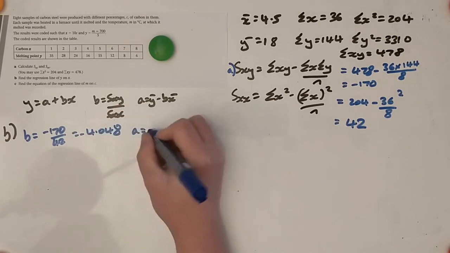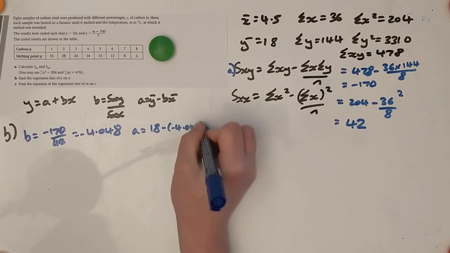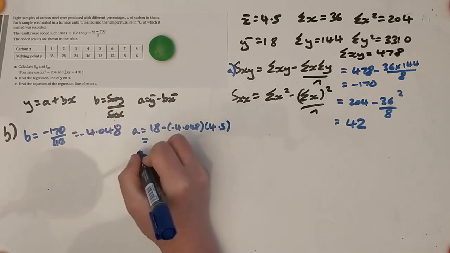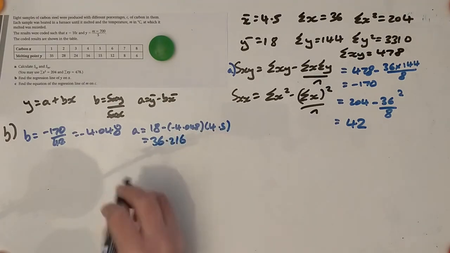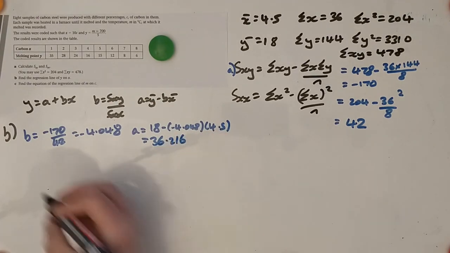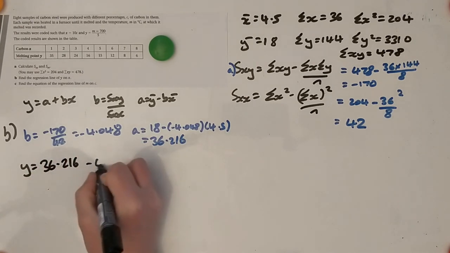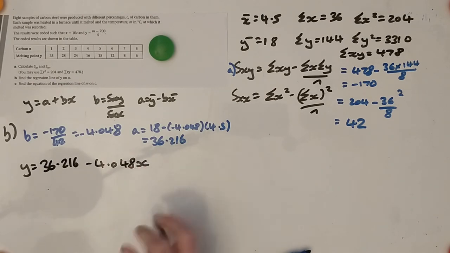And A is 18 minus 4.048 times by X bar, which is 4.5. That gives me a value of 36.216. Meaning my Y is equal to 36.216 minus 4.048X.